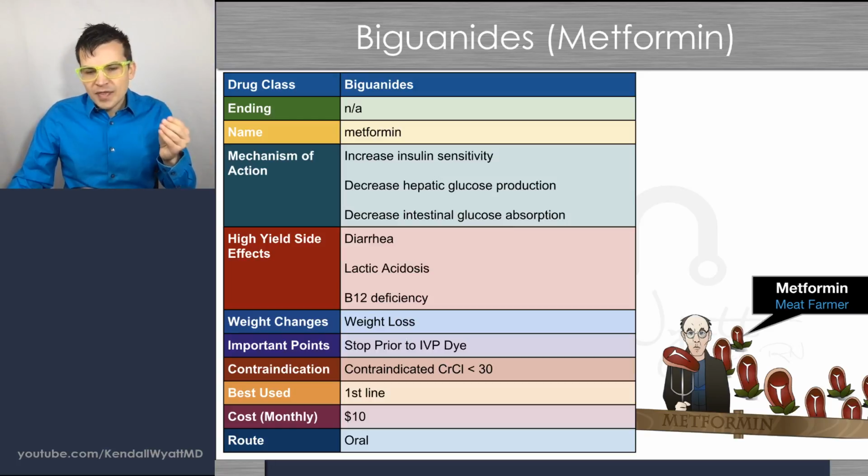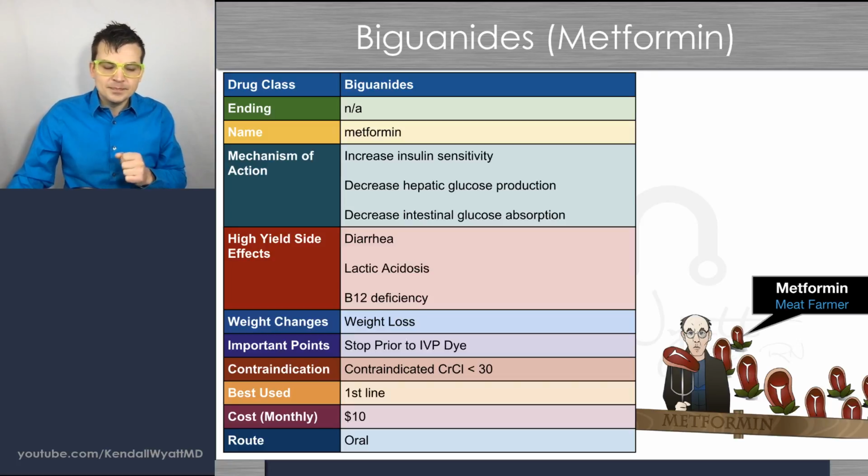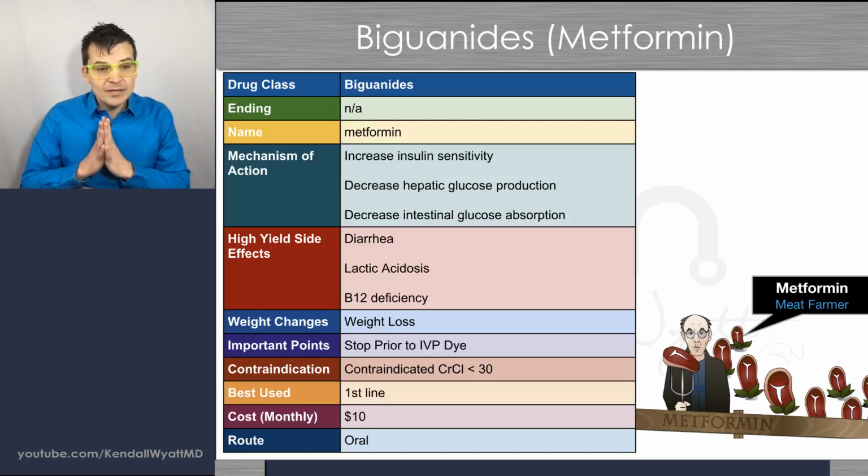Well, you can also remember that metformin often may cause patients weight loss. Now, technically, it's classified as a weight-neutral drug, but with that mechanism in the GI tract, it can actually cause some weight loss.